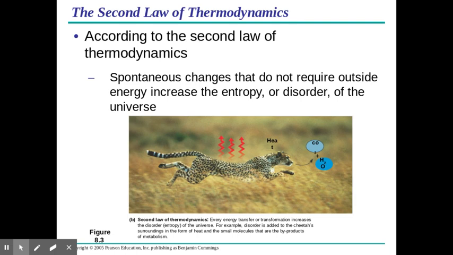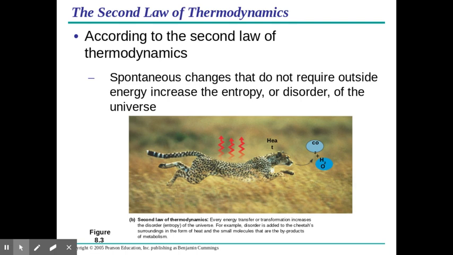So I always like to explain this by talking about a bedroom. How do we, as organisms, avoid becoming really disordered? If everything that we do is leading to disorder, why am I so organized? I have organs, I have organelles in my cells.